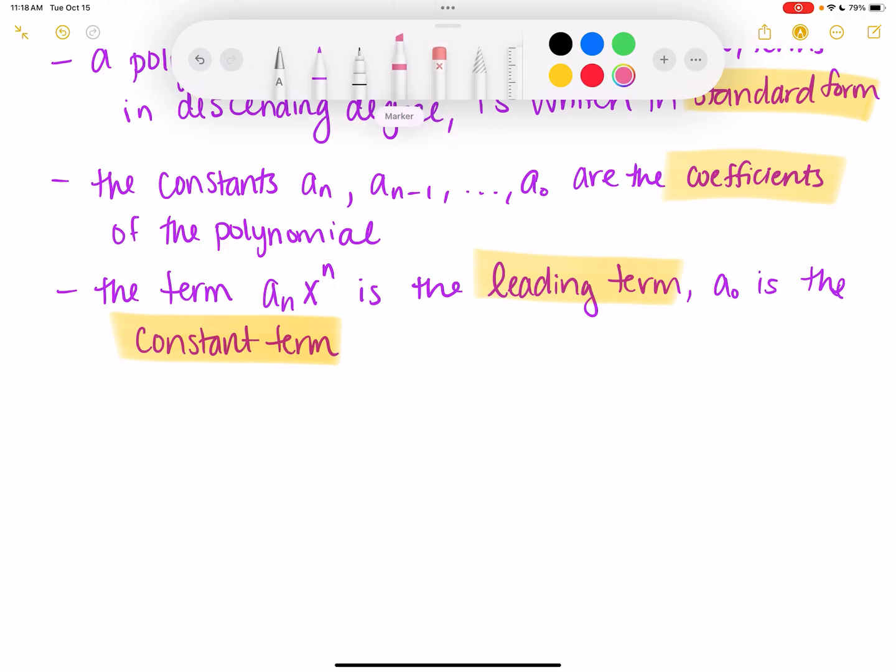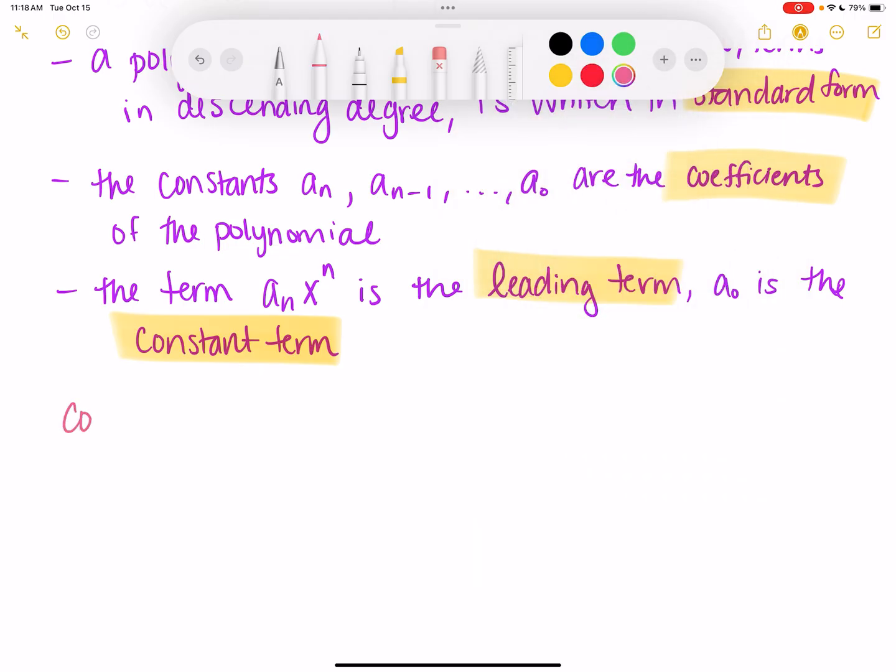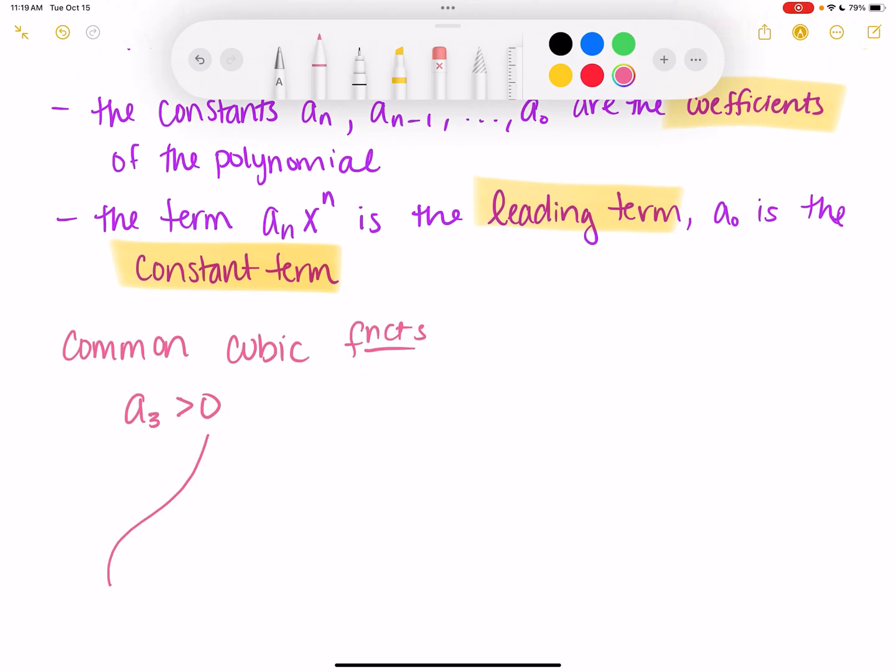Common cubic function, so basically what they look like. I know we had them in our 12 basic functions. If a sub 3 is greater than 0, meaning it's positive in that generic form, then it will look something like this, or depending on what else is going on in the function, it could look something like this.